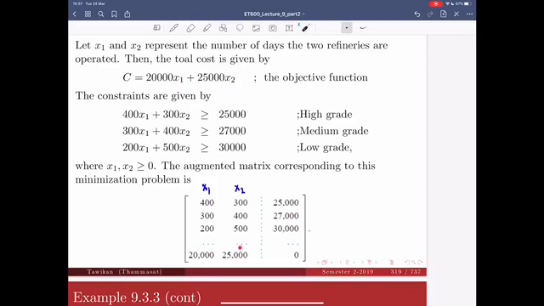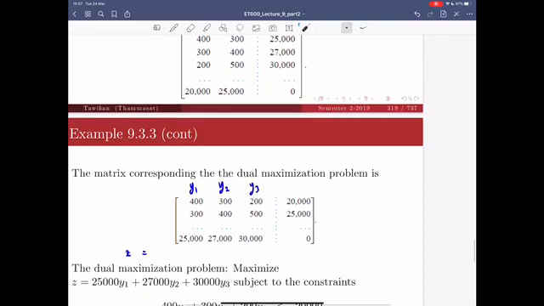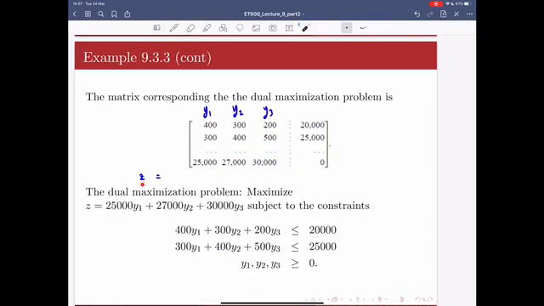But after we have taken the transpose of the matrix, our new objective function under the dual maximization problem consists of three variables, y1, y2, and y3.